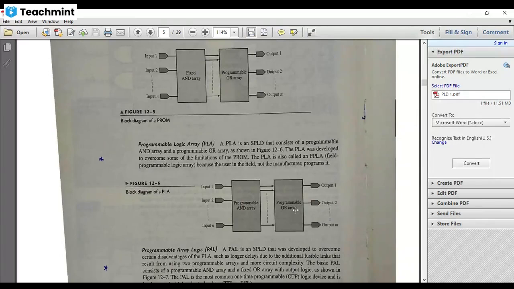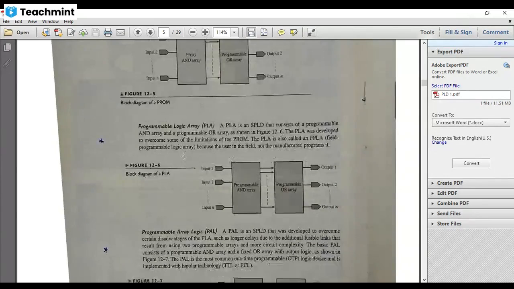Remember that in an SPLD, the input array, the AND array, is either programmable or fixed, and the output array, the OR array, is either programmable or fixed. At the output there is the OR array, and at the input there is the AND array.